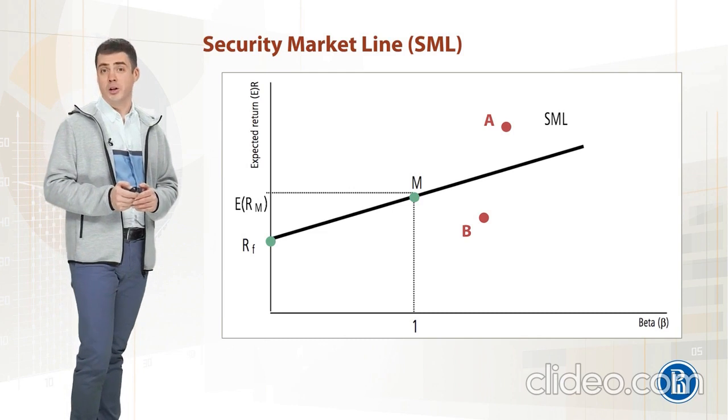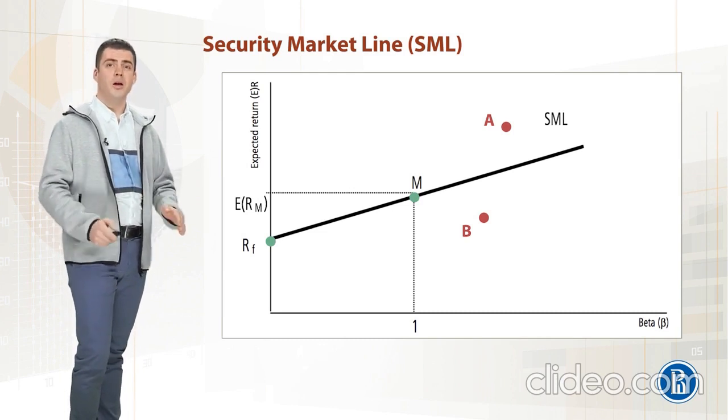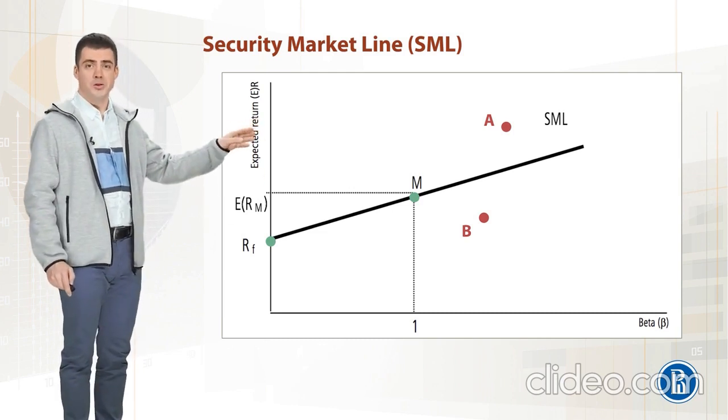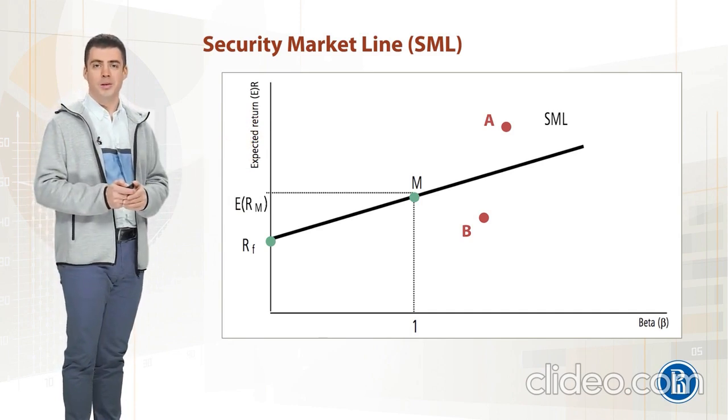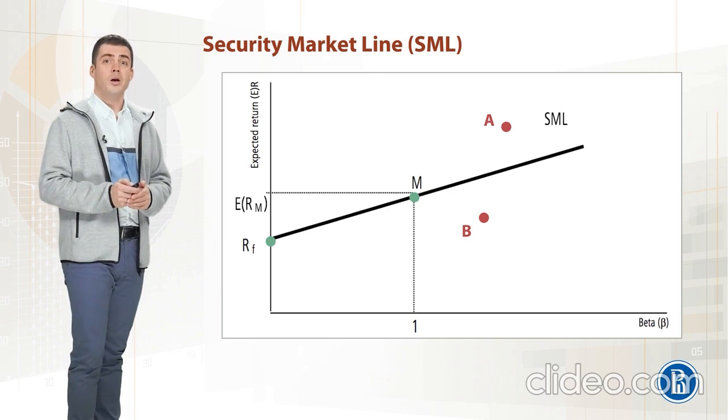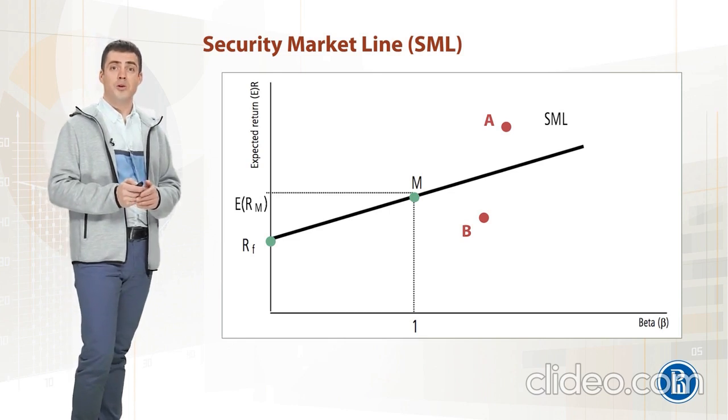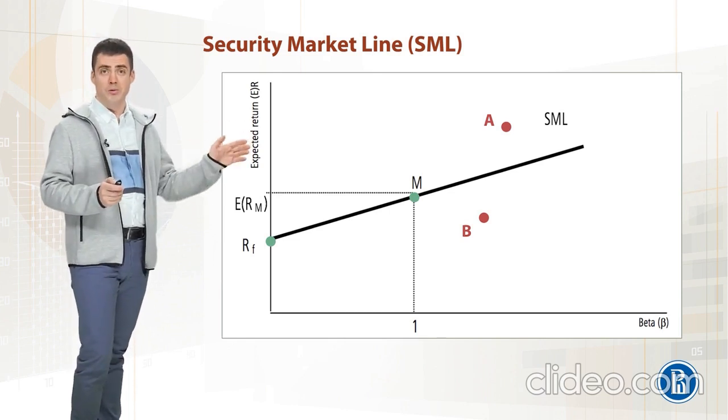And so we can say that in this case, the market will reach equilibrium again. The opposite logic can be applied to stock B, which currently can be found below the SML. This stock is likely to be overpriced for the same reason as explained before.